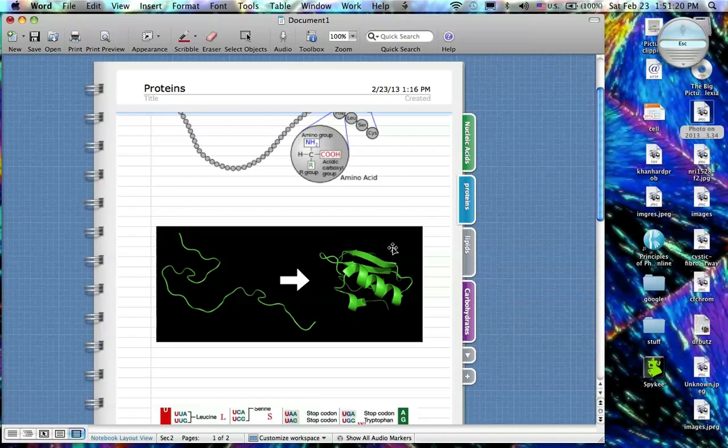Now, the problem that we get with proteins, and this causes a lot of different diseases, is first mutations, but that's a whole other thing, but is something known as denaturing. And denaturing is when, due to heat, pH, or other things, but those are the main two, the protein unfolds.